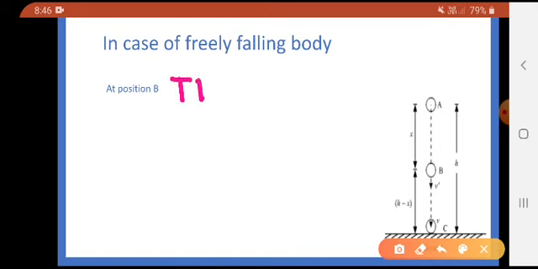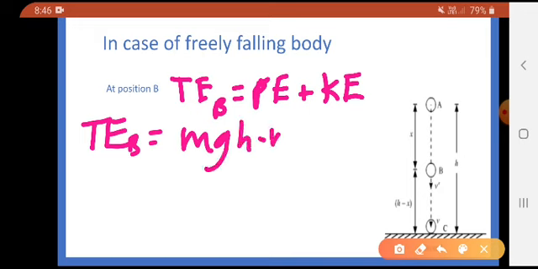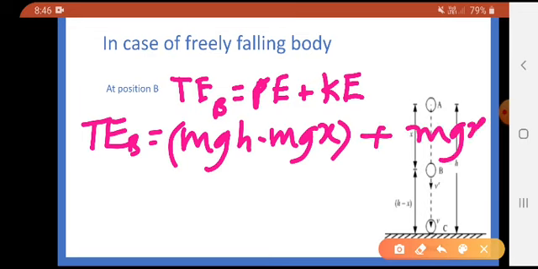Total energy at B equals potential energy plus kinetic energy. What is the potential energy? Potential energy at B equals mgh minus mgx, plus kinetic energy mgx.